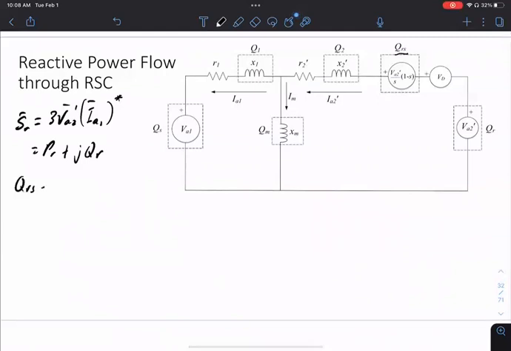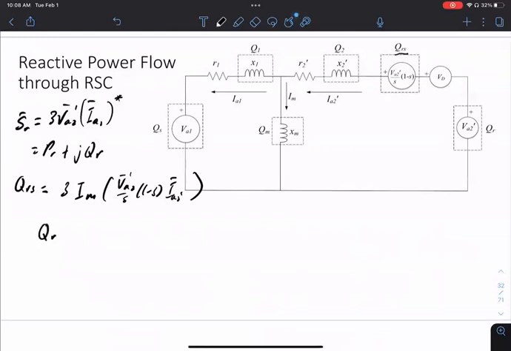So this QRS is 3 times the imaginary part of VA S1 minus S IA2 star. So this is just the imaginary part of that equation of that voltage source, QRS.